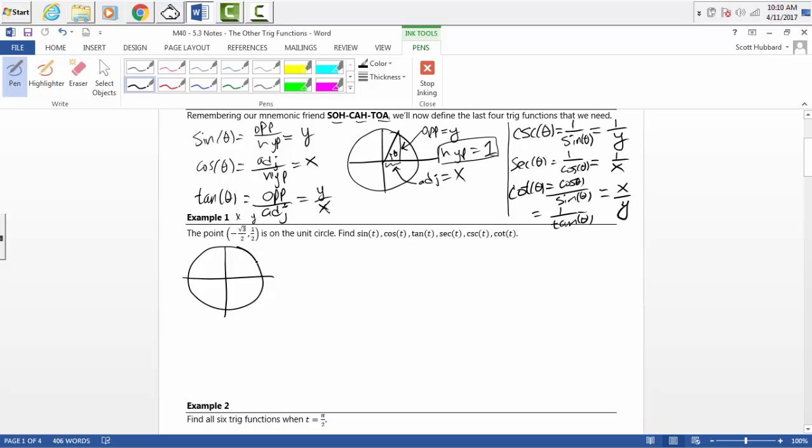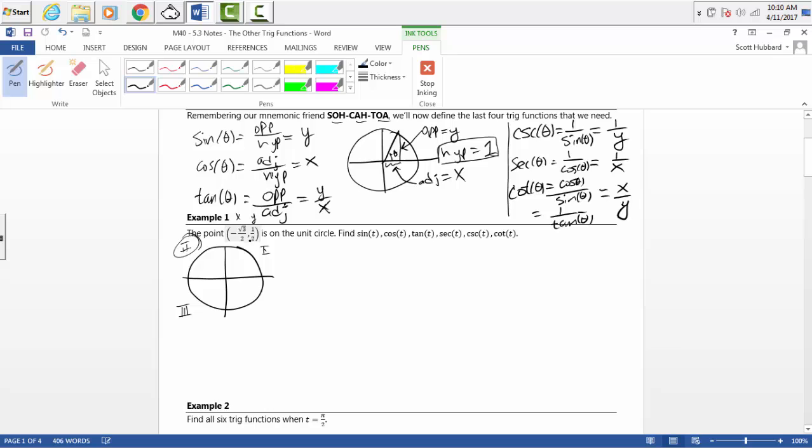Now remember that x is negative over here in quadrant 2 and 3. And so negative root 3 over 2, that means we're going to be either here or here. The second clue is that the y is positive, y is half. So that means y is only positive in quadrant 1 and quadrant 2. So that means the only one that works for this problem is quadrant 2.